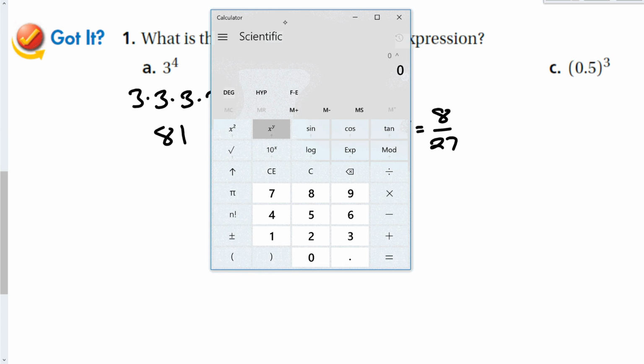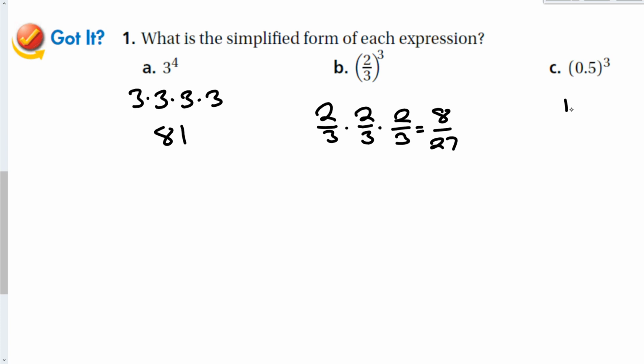But this button right here is going to be our x to the y power. So when we raise 0.5 to the third power, that didn't work, 0.5 to the third power, we get 0.125.